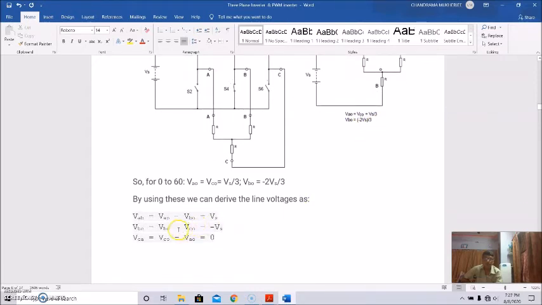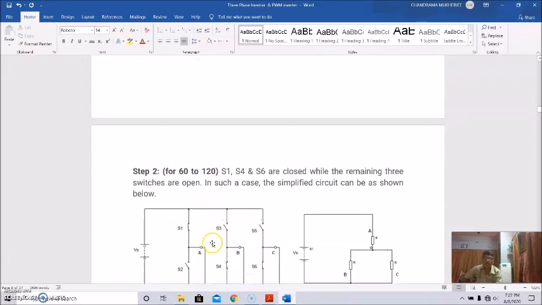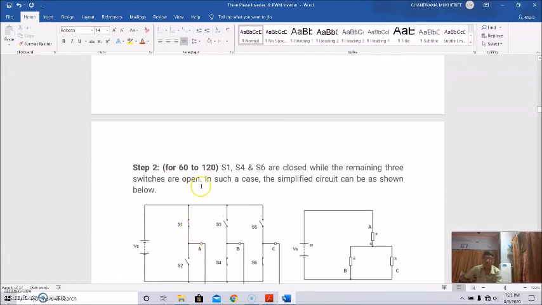The line voltages will be VAB equals VAO minus VBO equals Vs, VBC equals VBO minus VCO equals minus Vs, and VCA equals VCO minus VAO equals 0.